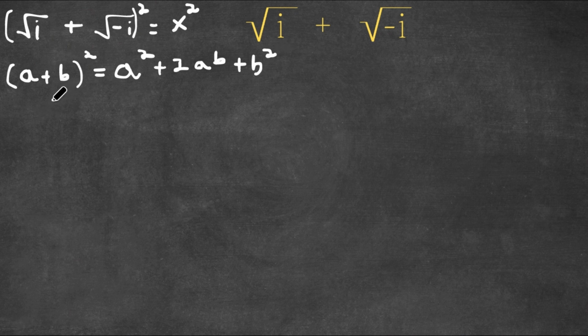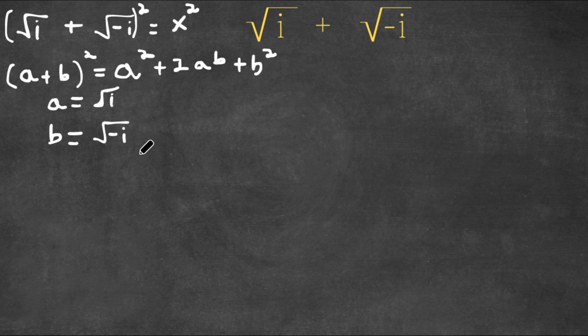So let's let a equal the square root of i and b equal the square root of negative i.